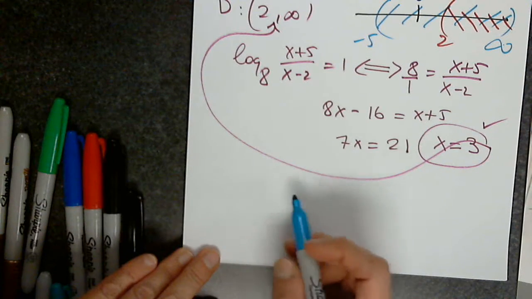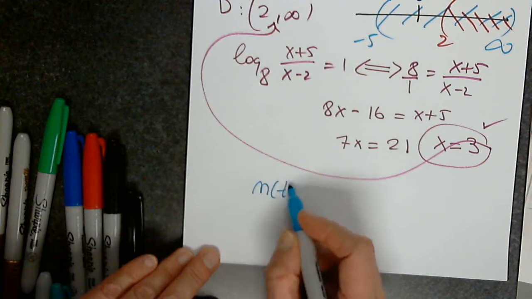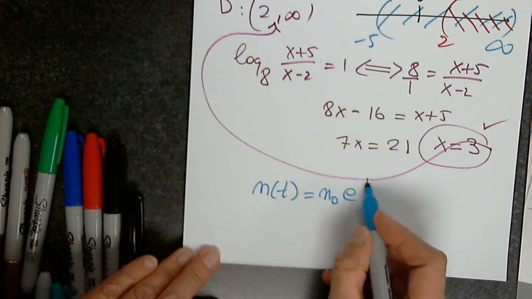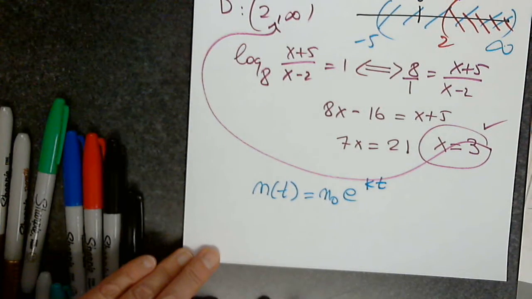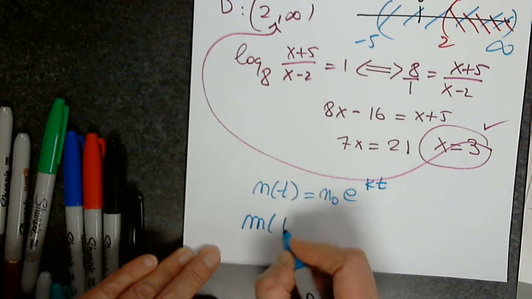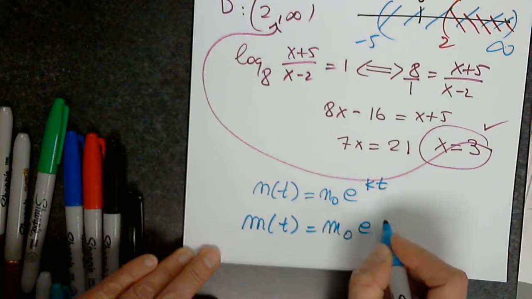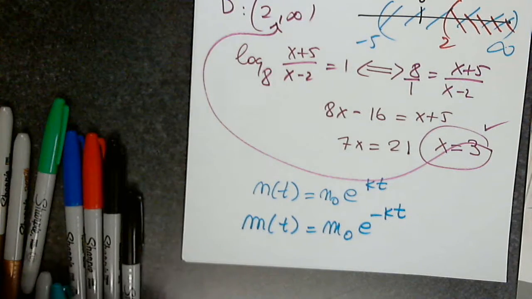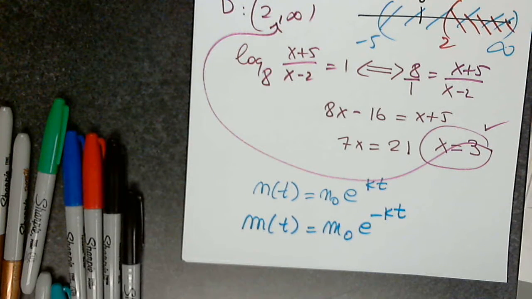Okay, so there are 2 formulas here. It's either the number or the mass. They are identical formulas. However, one of them is doing this, which is the growth of the population, and the other one is doing this, which is the radioactive decay.